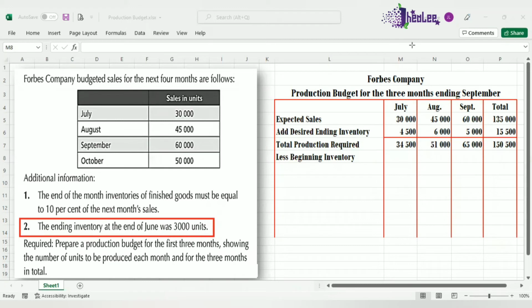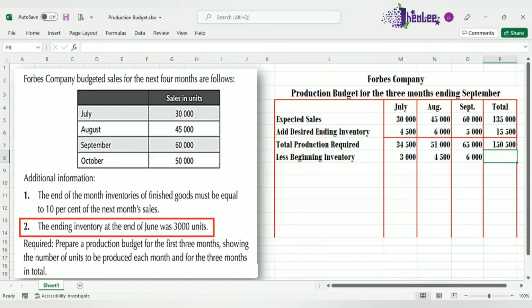So it means that for July, that 3,000 becomes the opening inventory. So we're going to subtract that. For August, the opening inventory is coming from the closing inventory from July, which is 4,500. For September, the closing inventory for August was 6,000.